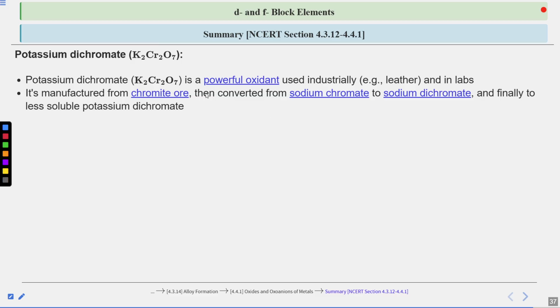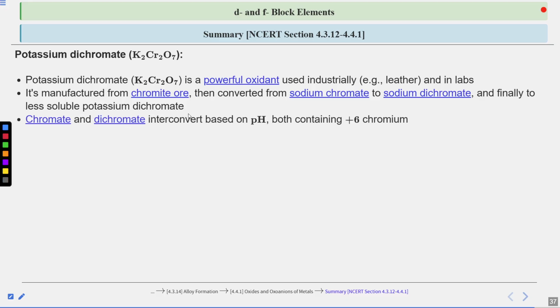Its low solubility is a useful thing in obtaining it. Chromate and dichromate interconvert based on the pH of the solution, and they both have +6 chromium. Dichromate is a strong oxidizing agent which reduces chromium +6 to chromium 3+ in acidic solutions.